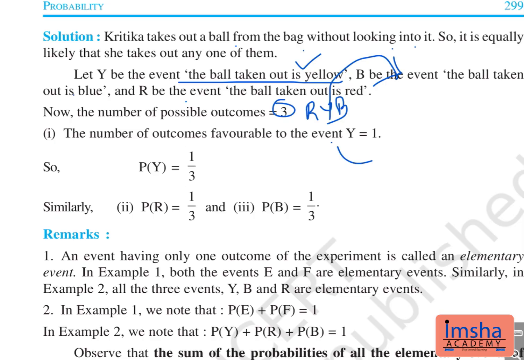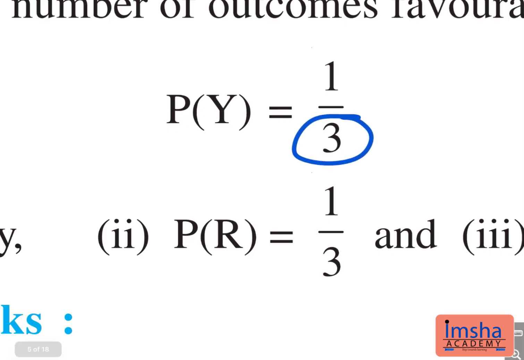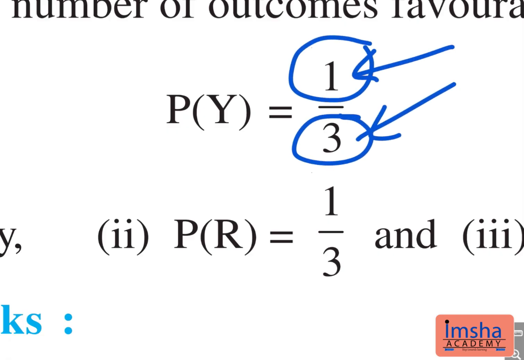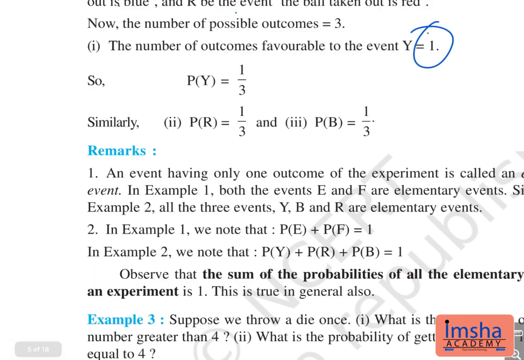If there were 2 yellow balls, the possibility would be 2, and if there were 3, it would be 3. But here there is only one. The total number of outcomes is 3, out of which the favorable outcome is 1. So the answer is 1 by 3. Similarly for the red ball and the blue ball as well.